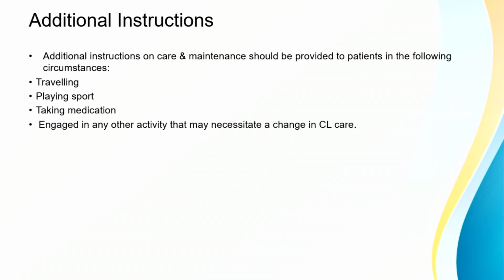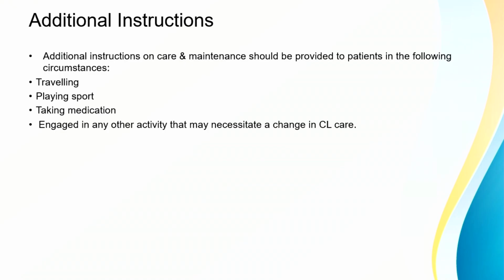And some additional information in terms of traveling. If they are traveling, they have to use some protective glasses. Playing sports, maybe they can wear protective glasses or a helmet and then play. And again, swimming, mainly swimming. If the patient is swimming with the lenses, they can swim, and after they come out of the water, they need to remove and throw it off immediately, and they can't use it again.